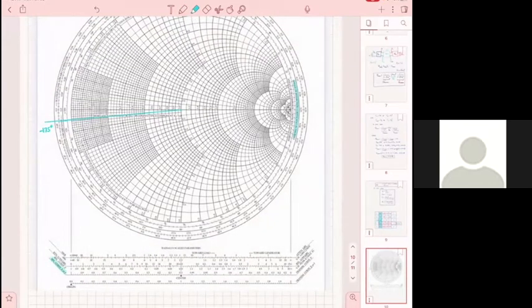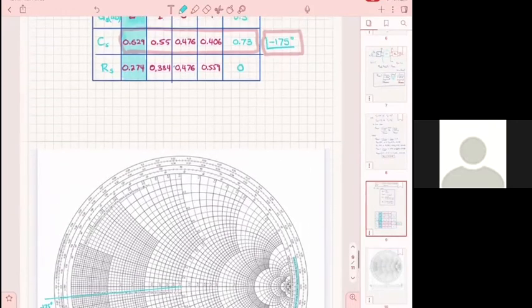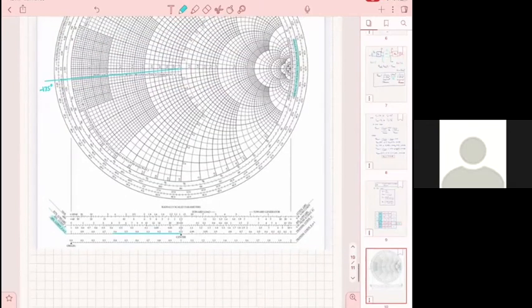And then I measure from here to 0.629, we said. Something like that. Let me do it better. 0.6, somewhere there. Approximately now, it's not exactly.